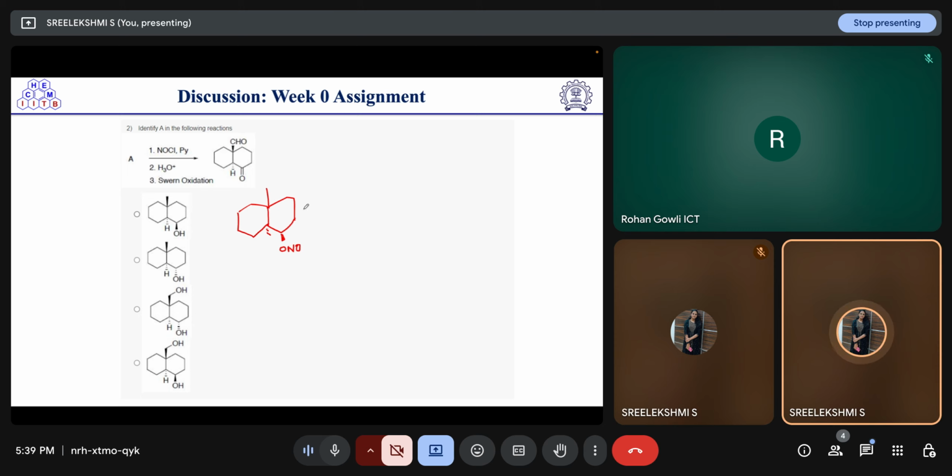Then when we expose it to light, this ONO bond will cleave and a delta hydrogen radical will be abstracted. Delta means this is alpha, this is beta, this is gamma, and this is delta. So from this, here is a CH3 group, so three hydrogens are there. One of the hydrogens will be abstracted and combine with this oxygen, and the NO will go there. So we will get OH here.